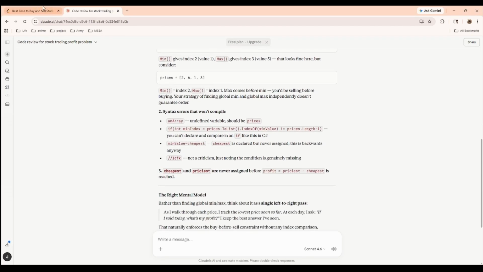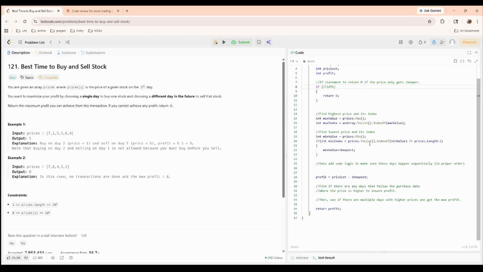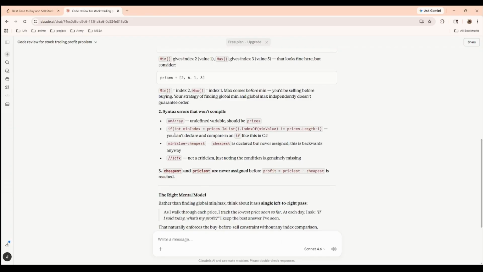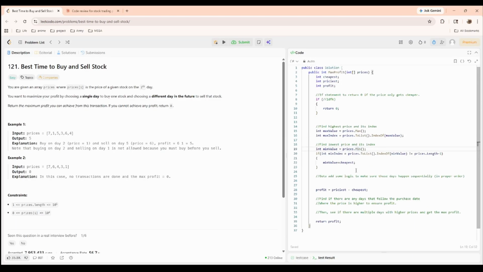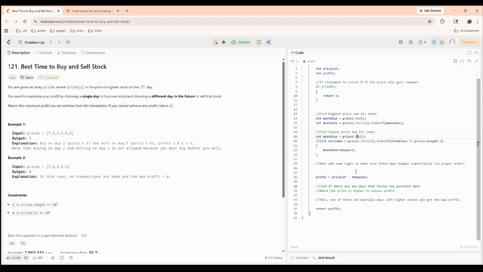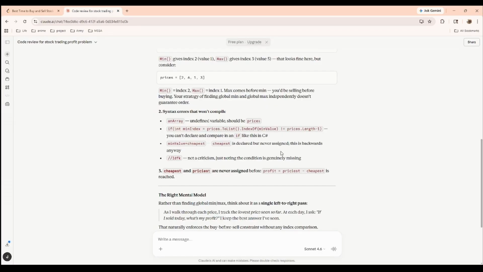You can't declare and compare min value cheapest. Cheapest is declared but never assigned. It's a mess.